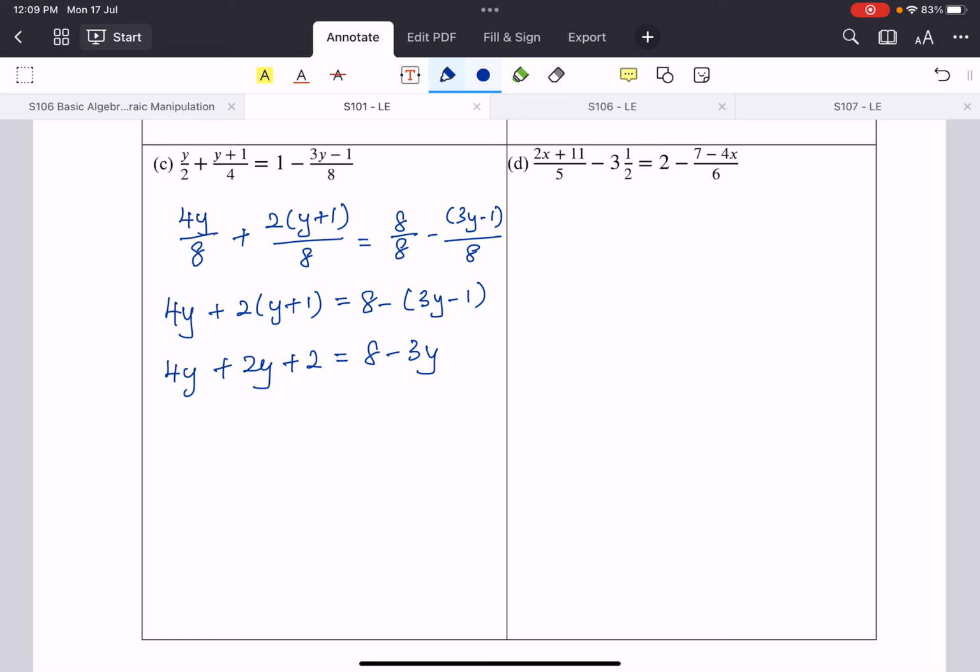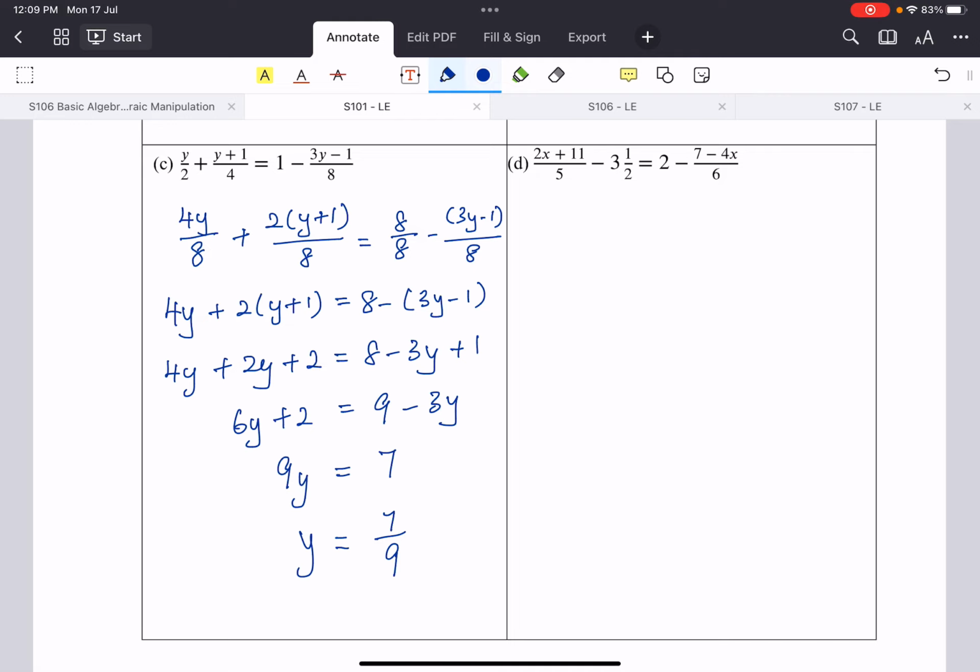That's where we have to be careful, right? Negative 1 gives us plus 1. Okay, simplifying, 6y plus 2 equals to 9 minus 3y. That means 9y equals to 7. y equals to 7 over 9.